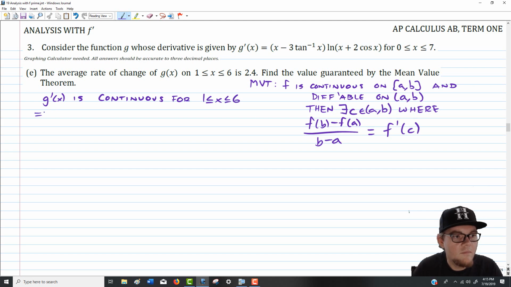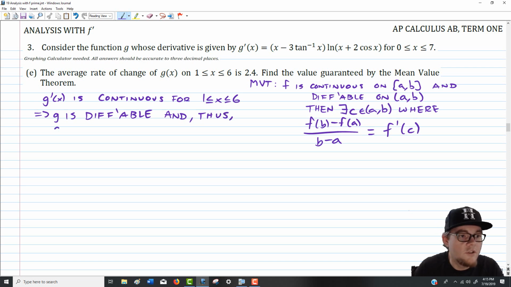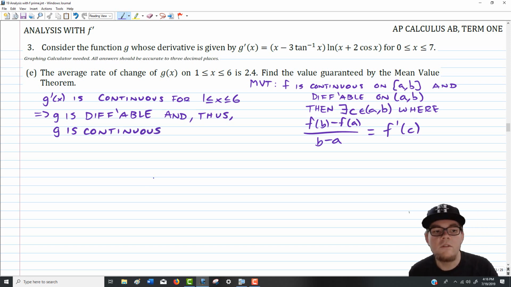That means g is differentiable. Because remember, having a continuous first derivative means that your original function is differentiable. And if g is differentiable, because differentiability implies continuity, g is also continuous. So that actually answers all our questions.